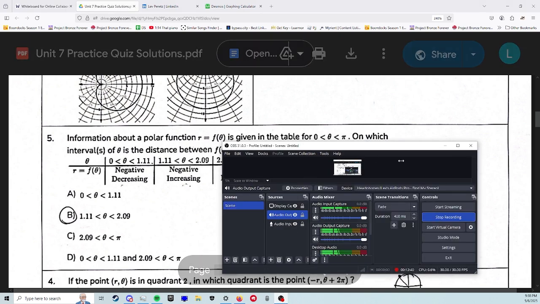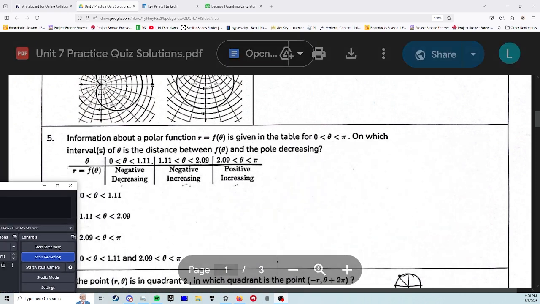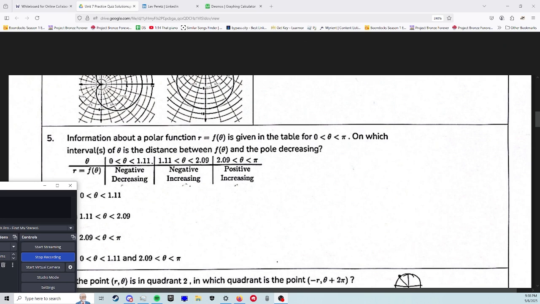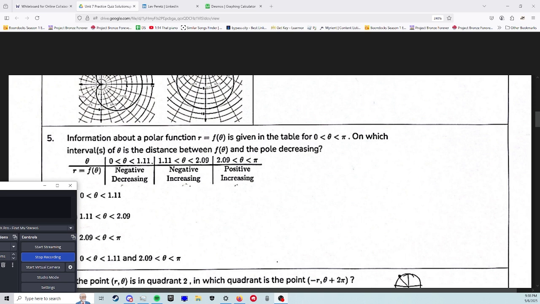Okay. So in this first part, it is increasing because 0 to 1.11 has a positive rate of change.